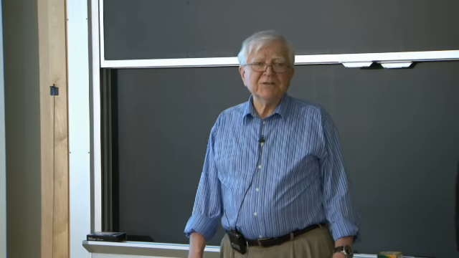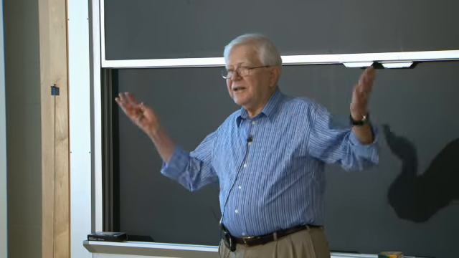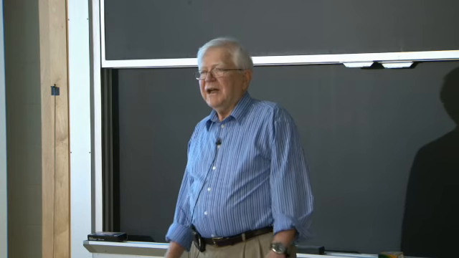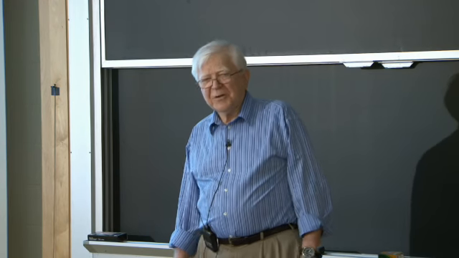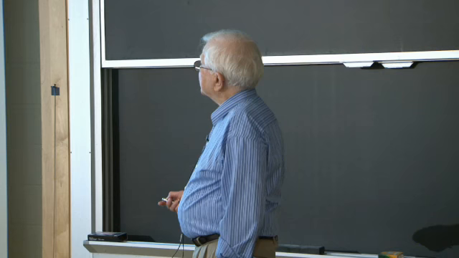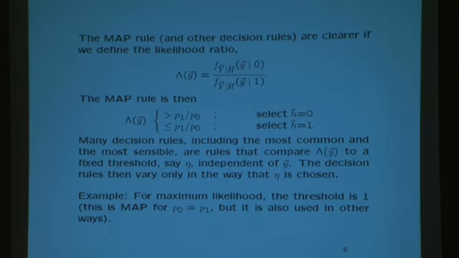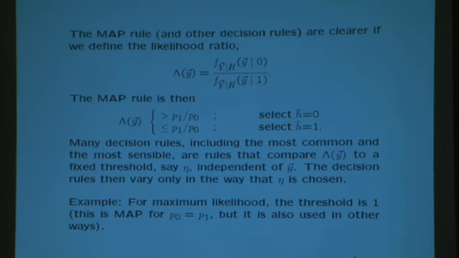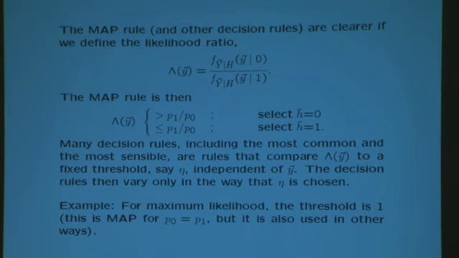After a couple of lines of fiddling around, suddenly all of that has disappeared. We have a threshold test. It says take this ratio, compare it with something, and if it's bigger than that something, you choose 0. If it's less, you choose 1, and that's the end of it.